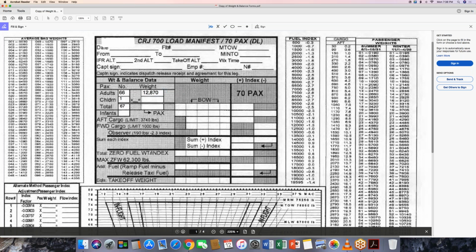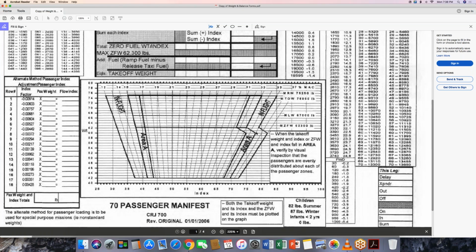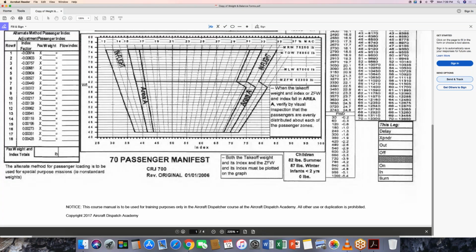All right. So for one kid, where did we look for that? At the bottom, next on the left of the index. Okay. So right there. We only had one, so that's 87 pounds, right?